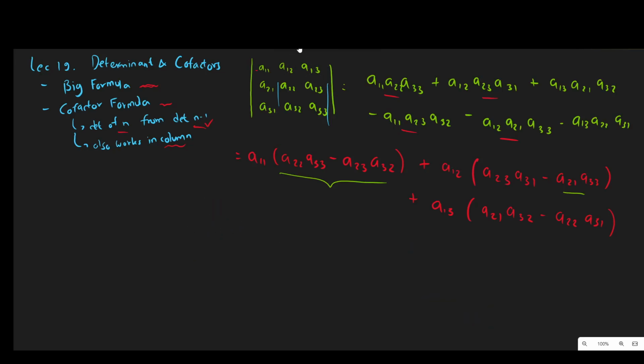And one last thing is that there's this kind of pattern that, if you were in high school or maybe in calculus, you may have seen where that pattern comes from. It's plus minus plus minus plus minus. It's like a checkerboard. We worked on this before in the big formula. You remember the determinant of P decides whether the sign is plus or negative.